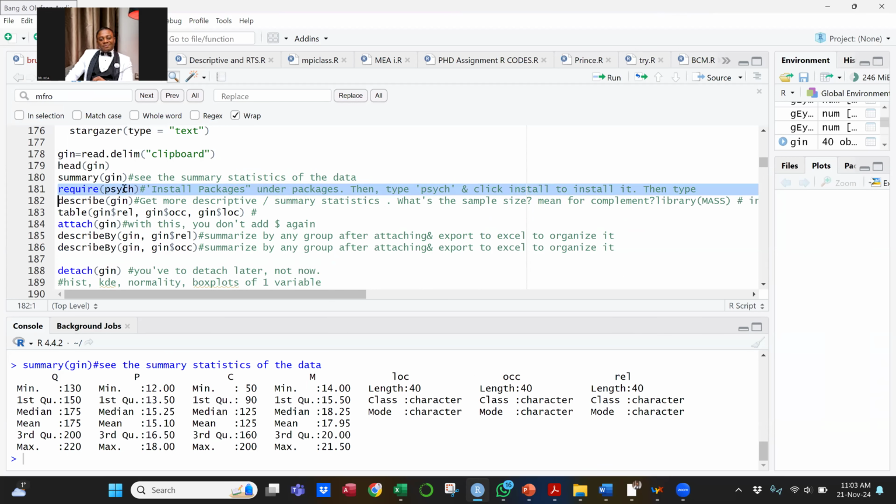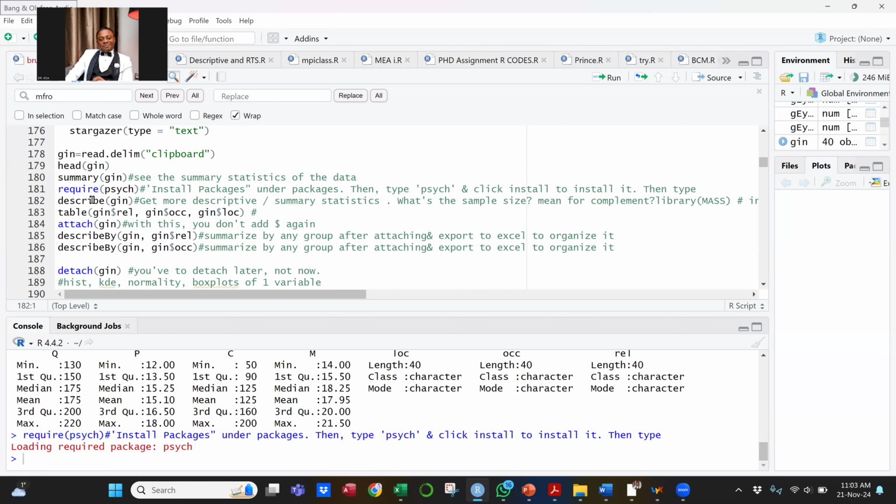First, you have to install a package, and after installing, you run it. Because you have written the codes, you're going to run it. I'm sure you know that anytime you have require and library, it means you have to install. So let's run the package. I just did. And then now choose the next command called describe. This one.